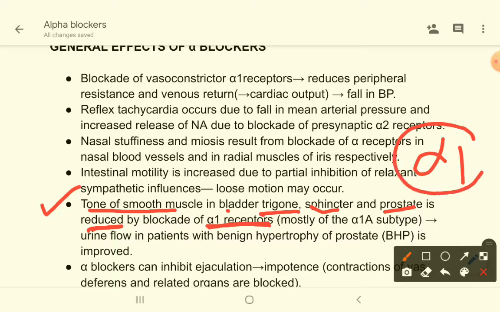So if you block the alpha 1 receptor, the tone will decrease, and that will produce increased urine flow. The patients who have benign prostatic hyperplasia will be improved.